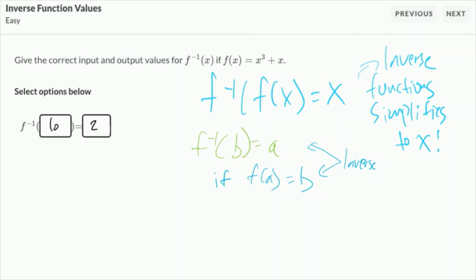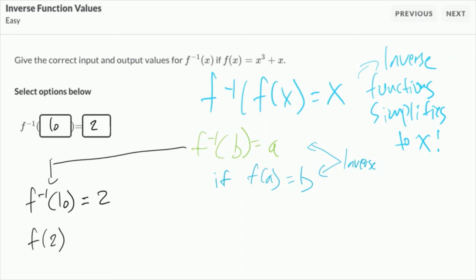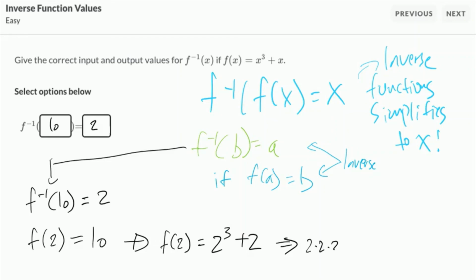In this form, f inverse of 10 equals 2 if f of a, which is 2, equals 10. So we can plug that in. F of 2 equals 2 cubed plus 2. That is the same as 2 times 2 times 2 plus 2, which is 8 plus 2, which is 10. So if this rule is true, then this is the correct input and output values.